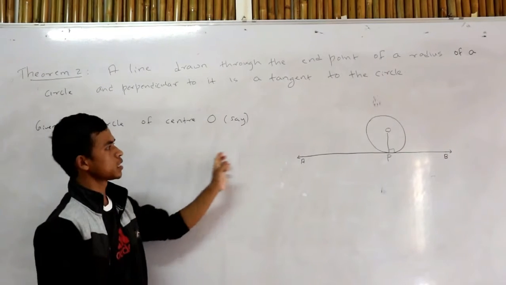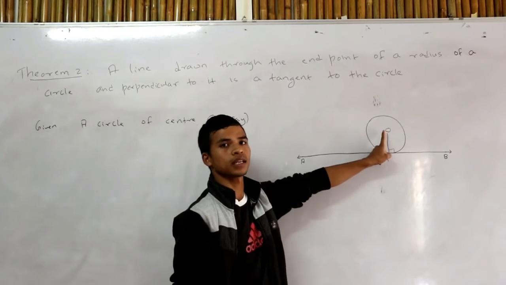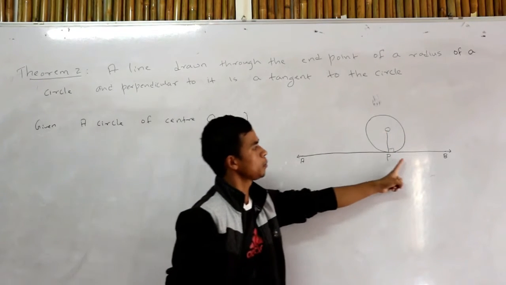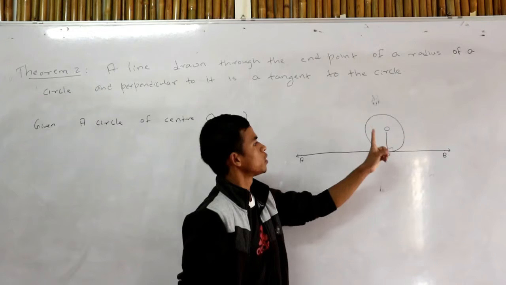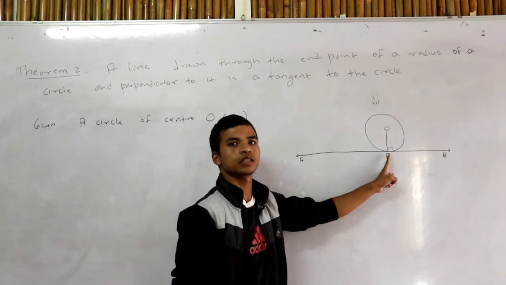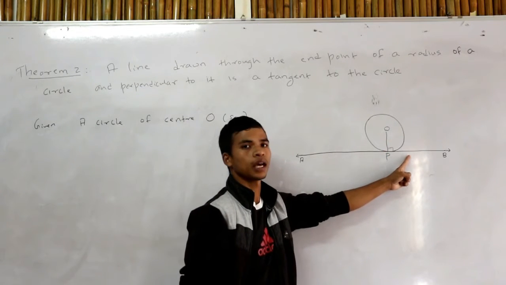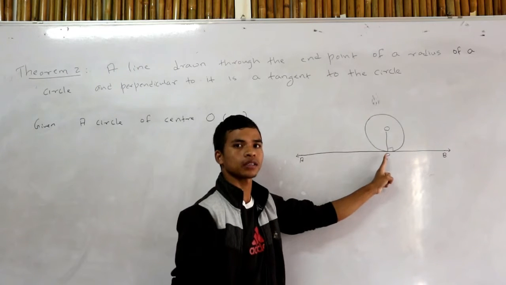So we are given this circle of center O, and this line AB, which is drawn through the endpoint of this radius in such a way that this line is perpendicular to this radius.